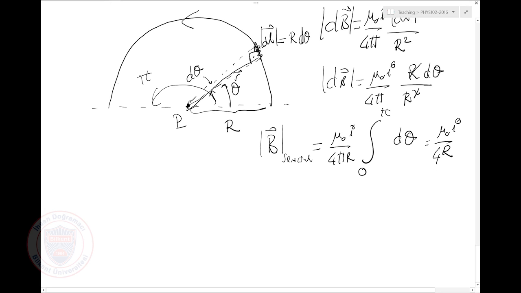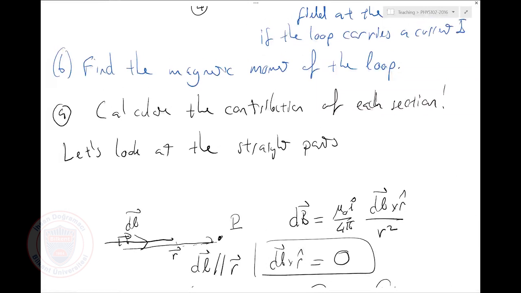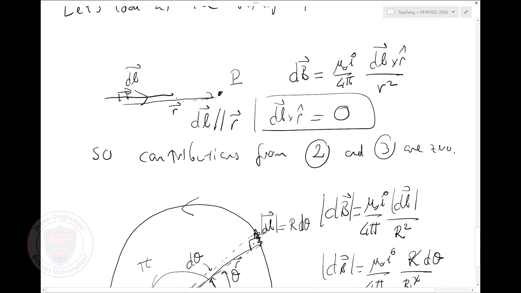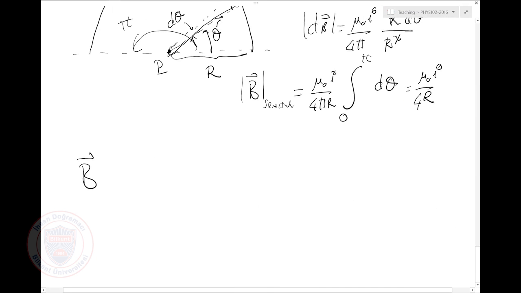Now, do I have one semicircle in this figure? Oh, I have two semicircles which are creating magnetic fields in the same direction. So I will say B. First, let me give the direction: it is coming towards me. That's what I established. And magnitude of B, I'll have two contributions.